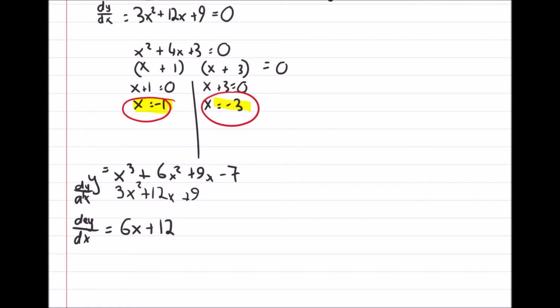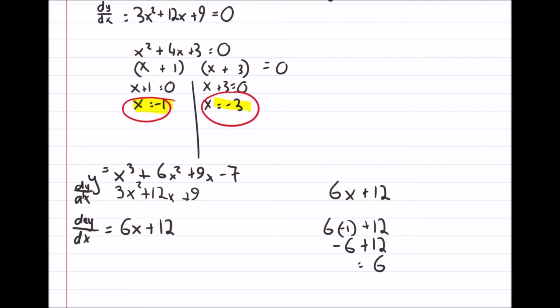Now I want to find out which of these points, this one or this one, is the maximum point. Obviously the other one is the minimum point. So take my new function, the 6x plus 12, and I'll try minus 1. So I'll put minus 1 in there. So 6 multiplied by minus 1 is minus 6 plus 12, which will give me 6.